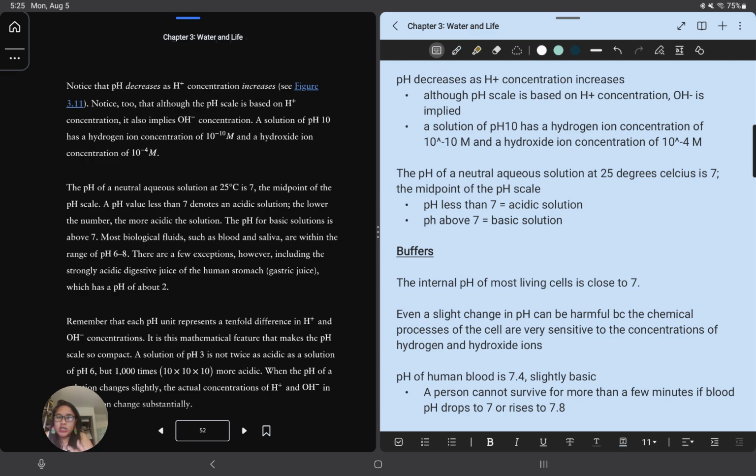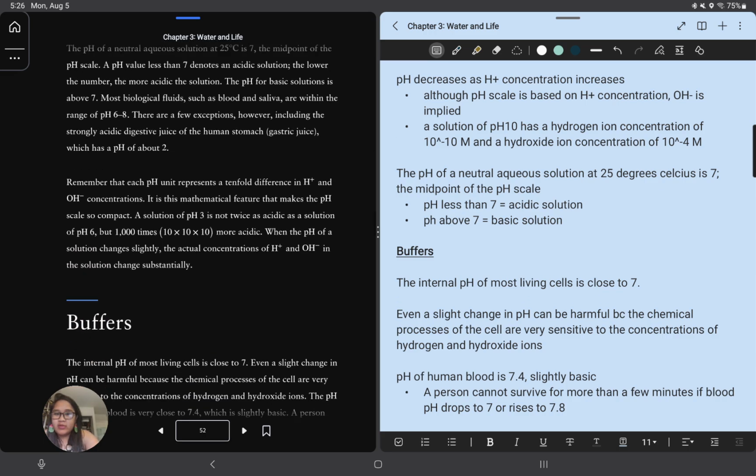Maybe they switched it. Maybe they mean hydroxide concentration is 10 to the negative 10th molarity. I don't think they'd make that mistake, though. You know what? I'm just going to skip over this.